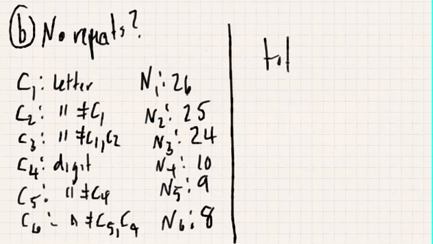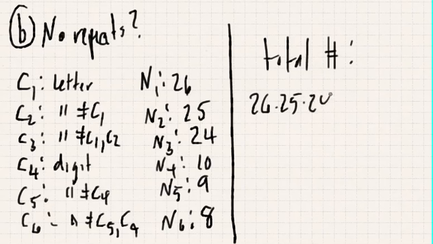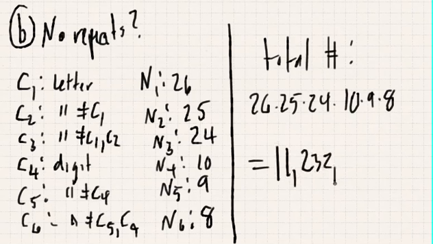So the total number of possibilities here is going to be 26 times 25 times 24 times 10 times 9 times 8. And this works out to 11,232,000. That's still pretty big.